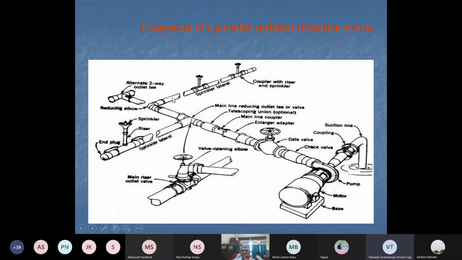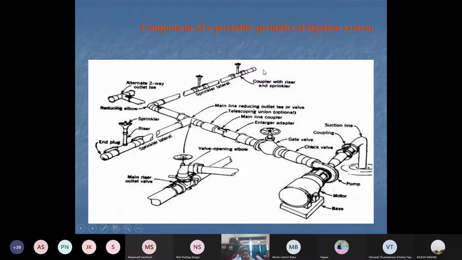These sprinkler pipelines are normally 3 meter, 6 meter or 9 meter long, having a diameter of 2 inch, 2.5 inch or 3 inch. In the same way there is a riser pipeline, and on the riser pipeline sprinklers are mounted.